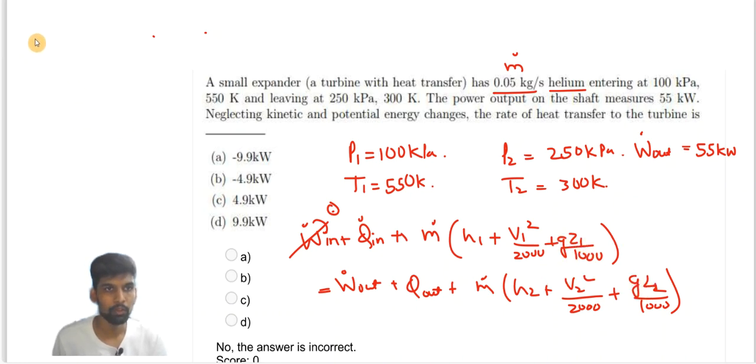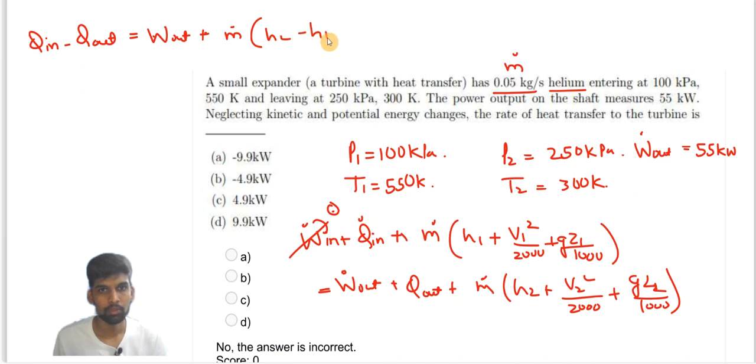So we are left with only Q in minus Q out is equal to W out plus m dot (H2 minus H1). I hope you are clear with how we got it. So it is our net heat transfer: W out plus m dot (H2 minus H1).